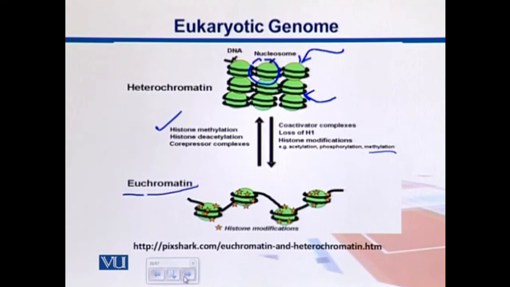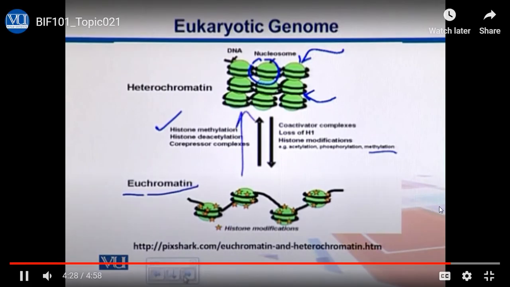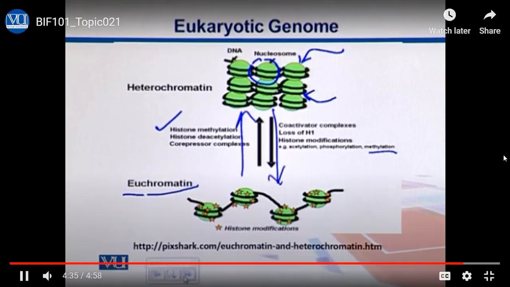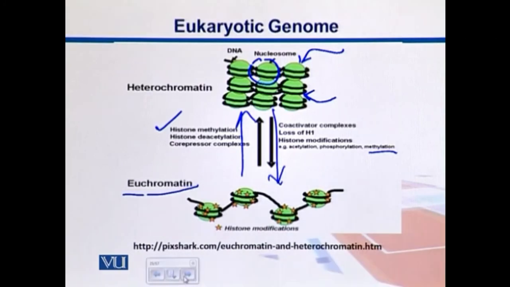So histone deacetylations and histone methylations, and some other complex proteins which get attached, may give us this heterochromatin region, whereas the reverse processes give us the euchromatin region. Here in the euchromatin region, the histones are quite spaced and the DNA can be accessible.